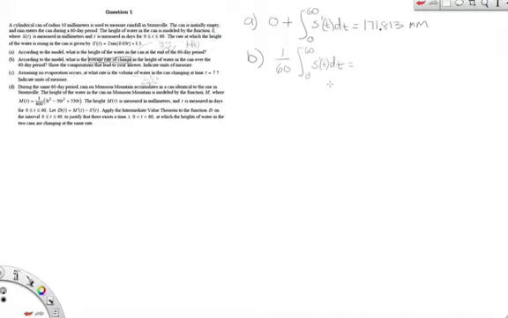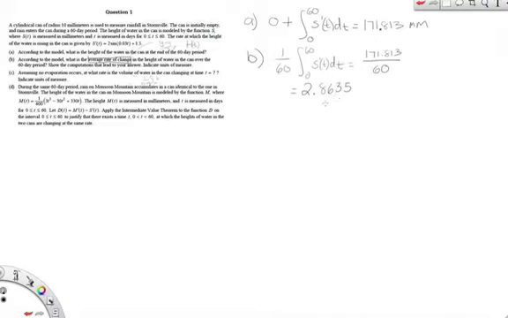It's the same integral. So we get 171.813 over 60. So I should get 2.8635.